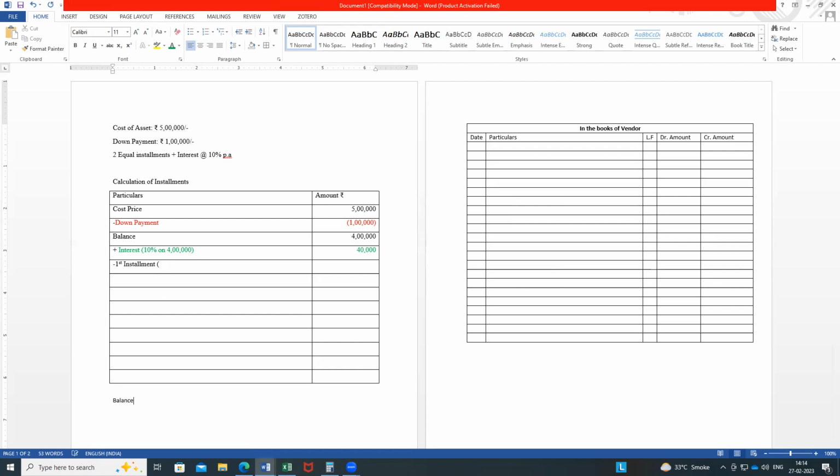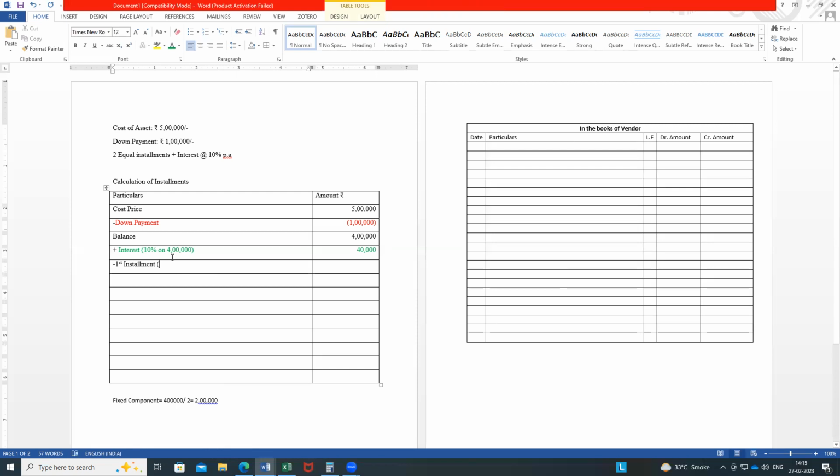Balance is 4 lakh rupees. Now it has to be divided by the number of installments. Here the number of installments is 2. So if you divide 4 lakh by 2, you will get 2 lakh. This is what it is, isn't it? So this is the fixed component. इसको हम fixed component बोलते हैं. Fixed component of the installment.